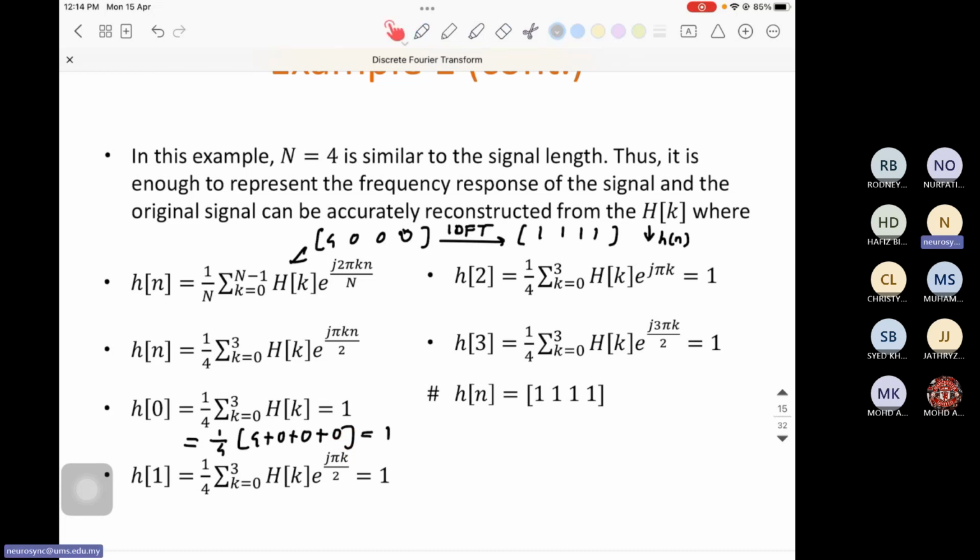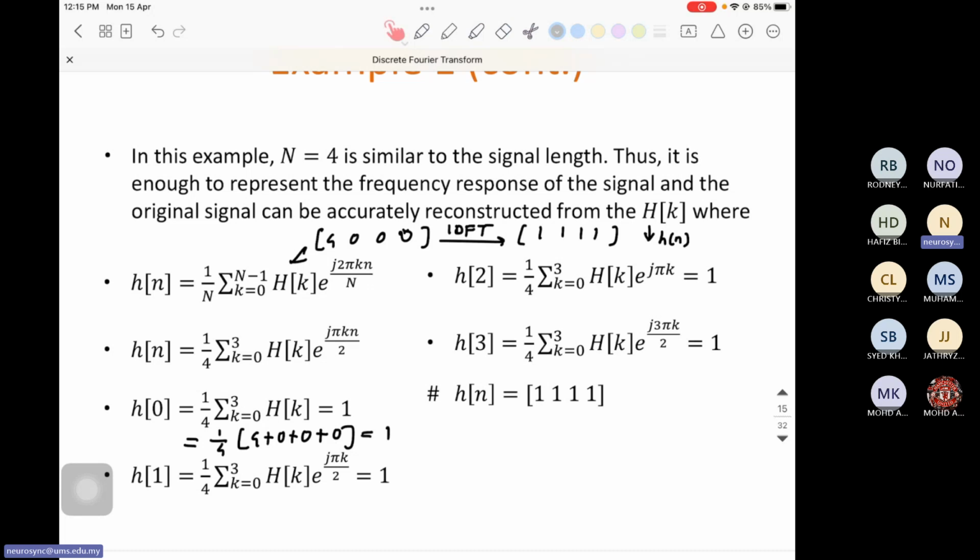Like this, you can calculate for n equal to 1. In case of n equal to 1, you will get the e to the power j term, and if you do the summation of this, then you should get the output 1. You can do it as homework. Try to solve this example at home, because in the exam you need to do all these steps.